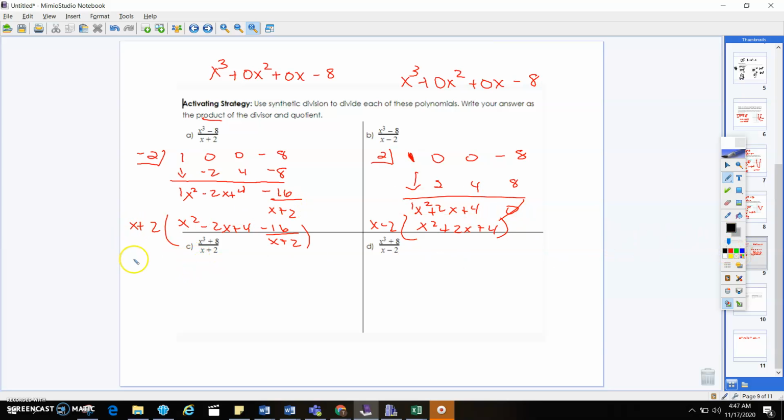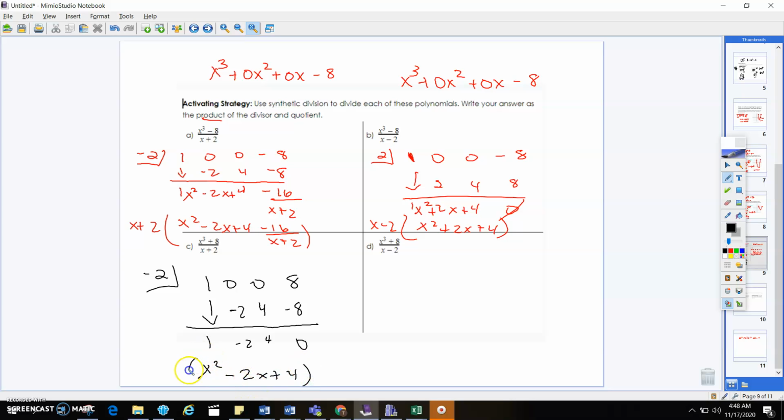Okay, on the next one, we've got negative 2 in the box, then 1, 0, 0, 8. Bring it down, multiply, add, multiply, add, multiply, add. So this is x squared minus 2x plus 4, and then we're going to take what was the divisor and put it out front. Over here, we've got 2, 1, 0, 0, 8.